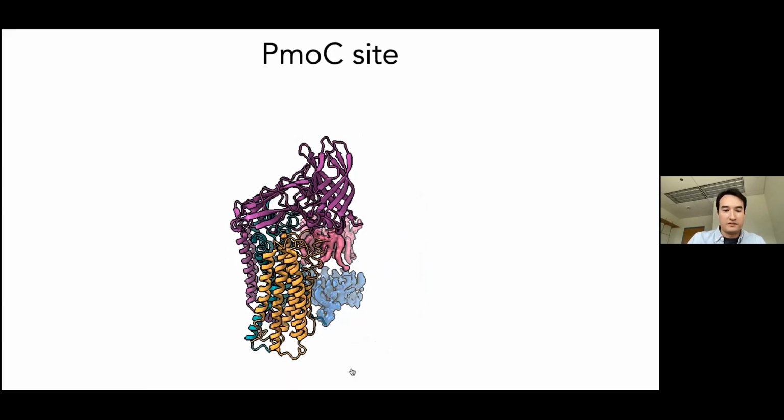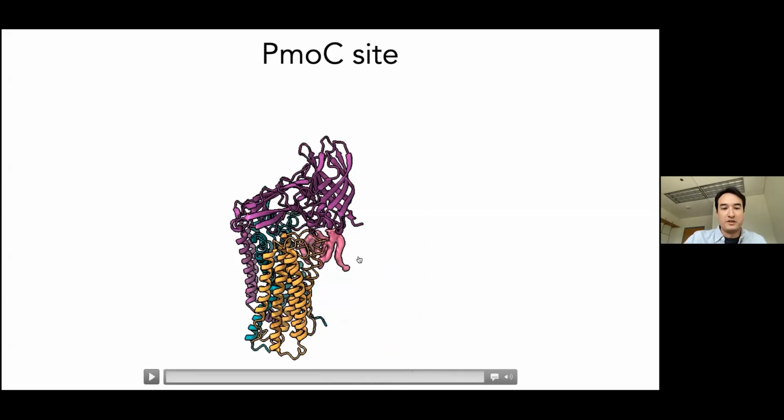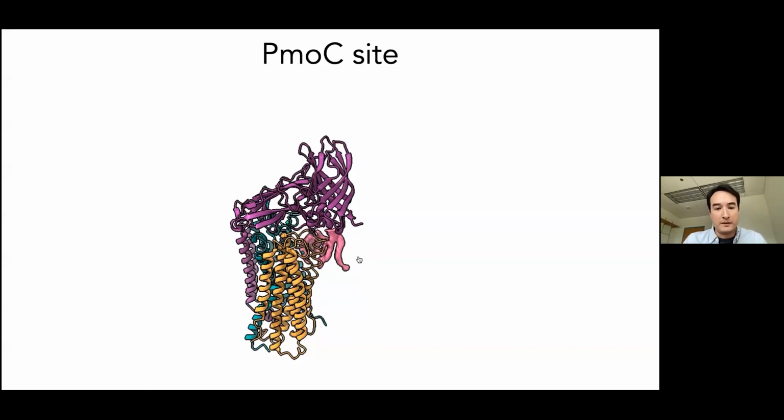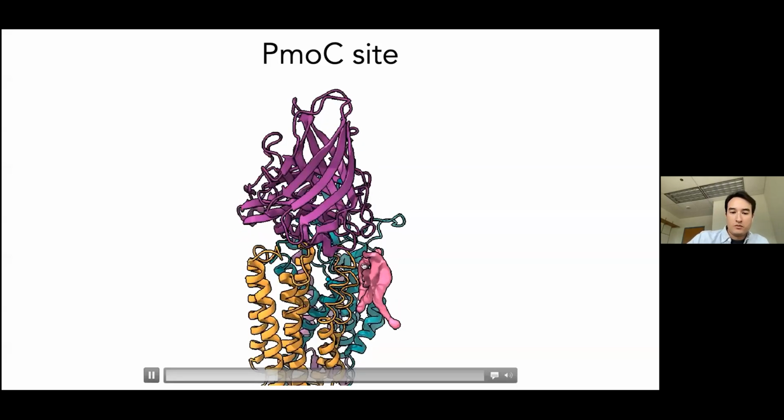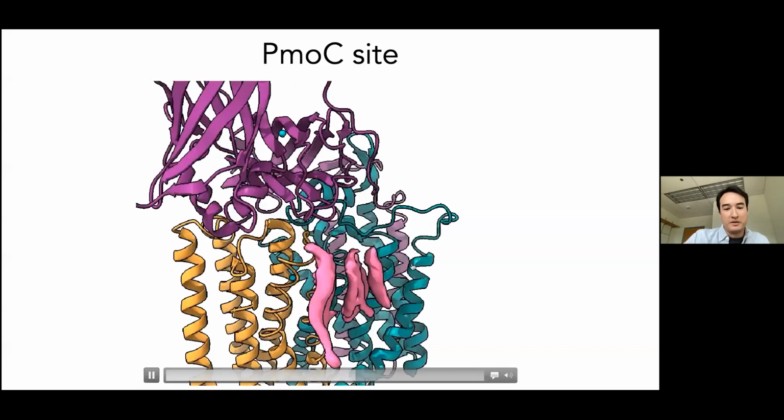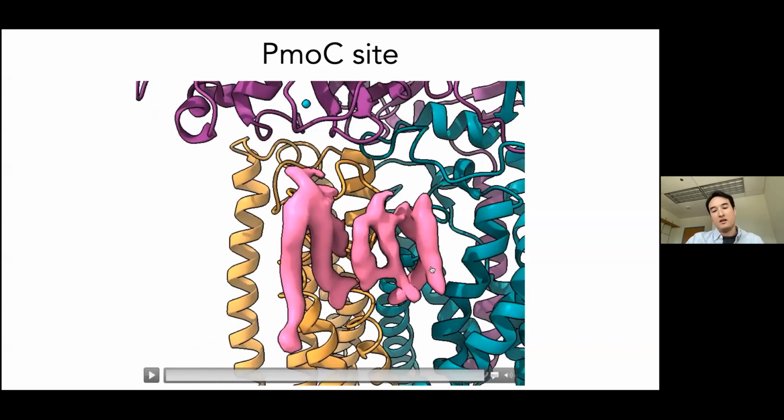And I'm just going to look at a few well-stabilized lipids within this interior bilayer that are abutting this protomer. And if we zoom in now and look at the copper C site, there are these well-resolved lipid tails that are, again, part of the interior bilayer and are abutting the PmoC subunit.